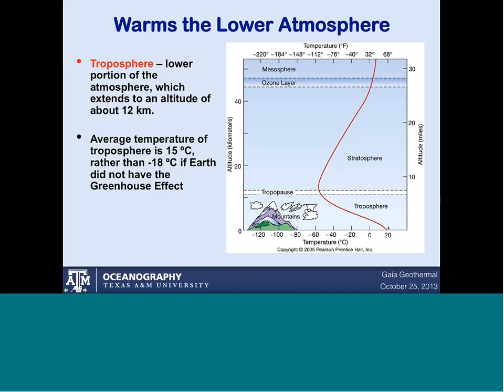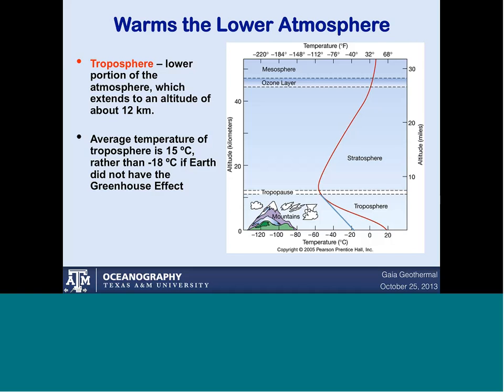So if we didn't have the greenhouse gases warming the planet, keeping the heat that's generated down here from escaping into space, our global temperature would be on the order of negative 18 degrees Celsius instead of where we are today, a nice comfortable 15 to 20 degrees Celsius.